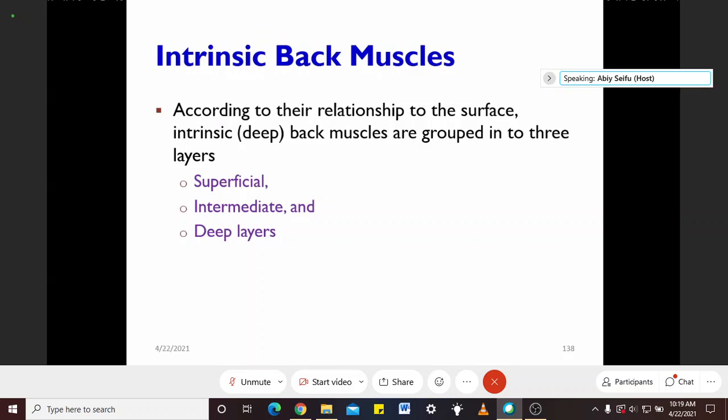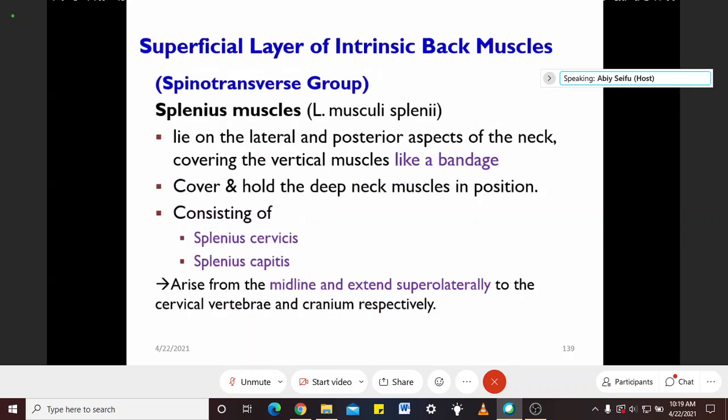In the superficial layer there are only two muscles, found on the posterior part of the neck. They cover the deep neck muscles, serve as a bandage, and hold the deep back muscles in position. These muscles are named splenius cervicis and splenius capitis.